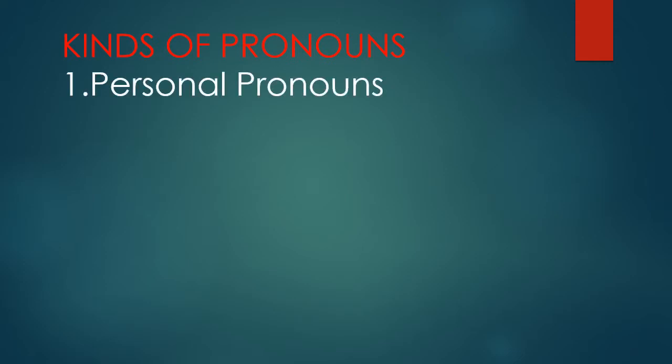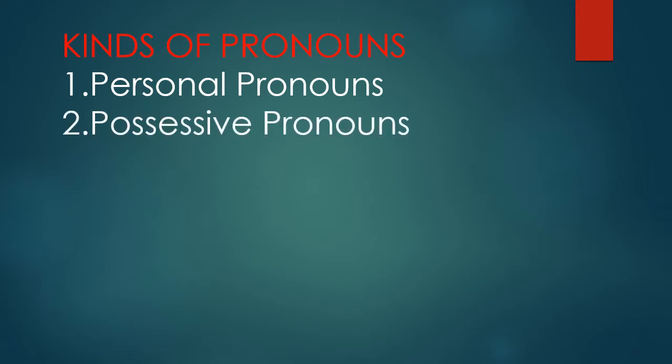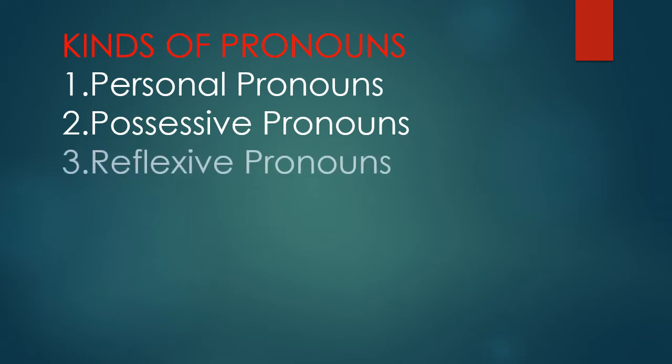Before going to learn all the details of pronouns, let's know the names, or we say the kinds of pronouns. What are they? Number 1, personal pronouns. Number 2, possessive pronouns. Number 3, reflexive pronouns.